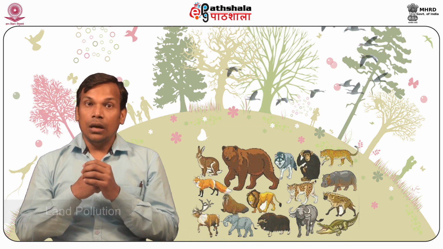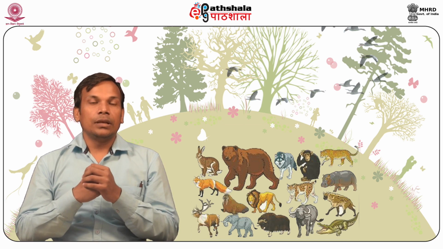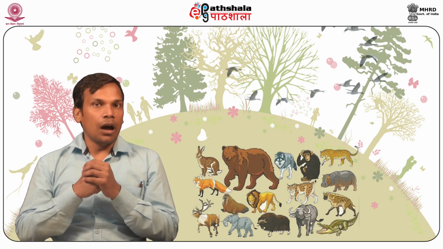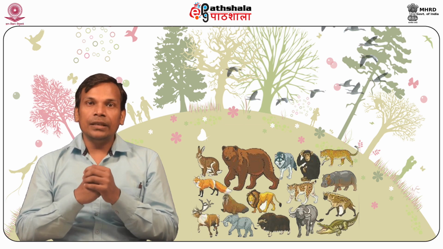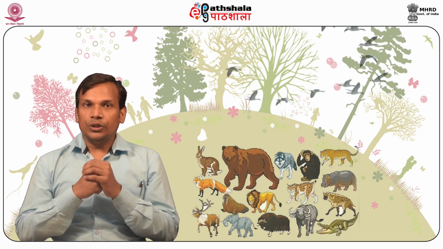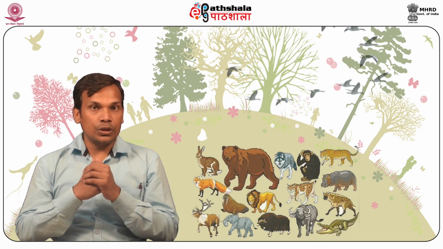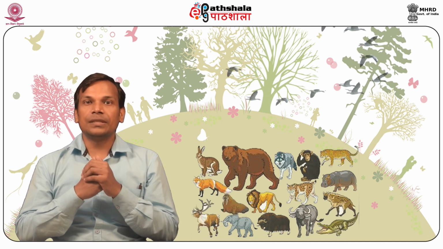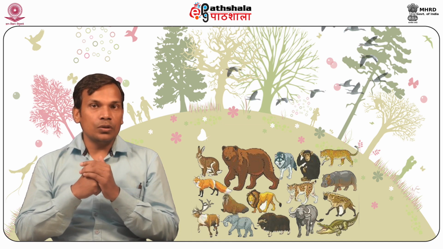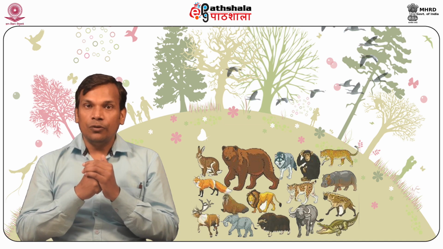Land pollution occurs due to dumping of solid wastes that are generated in the household and various manufacturing units. Noise pollution occurs due to excessively high levels of sounds produced through various means. The main source of noise pollution originates from human activities.